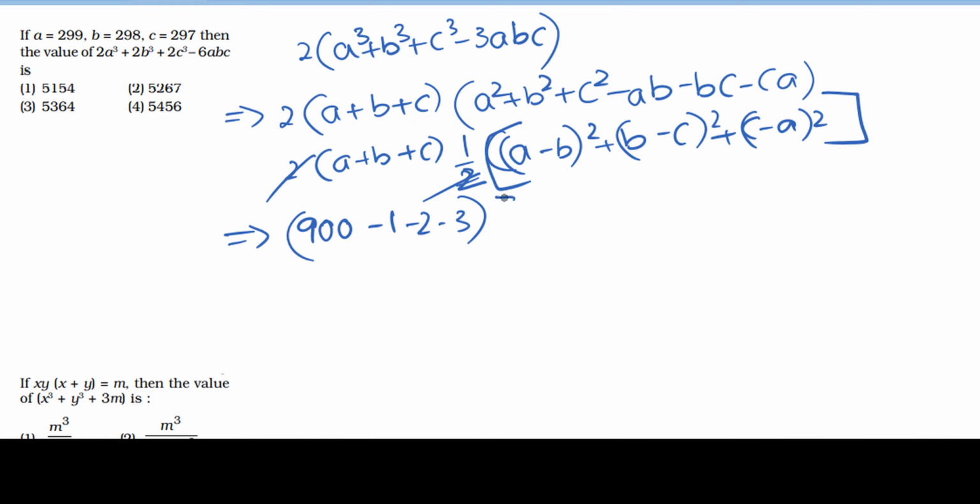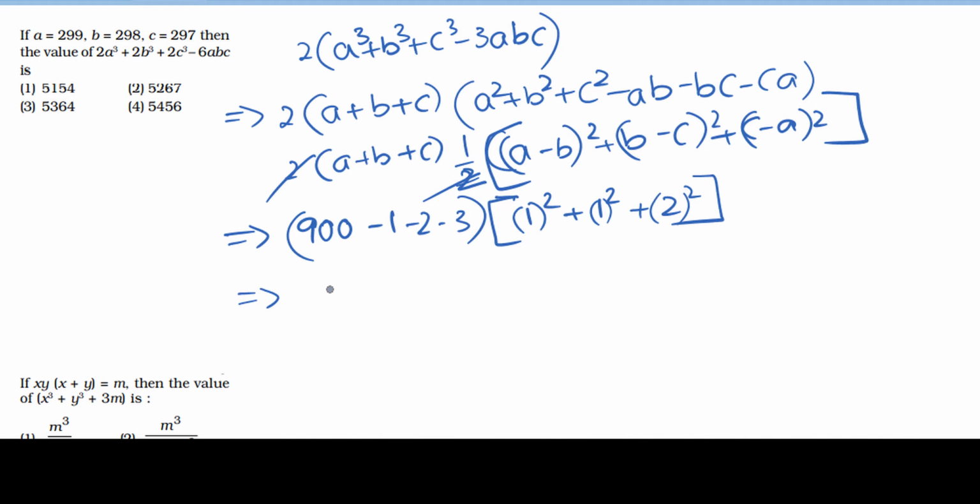Then (a minus b) whole square is 1 square, plus (b minus c) whole square is 1 square, plus (c minus a) whole square is minus 2 square. We can write 2 square because it's a positive value anyway, right? So from here what do we get?